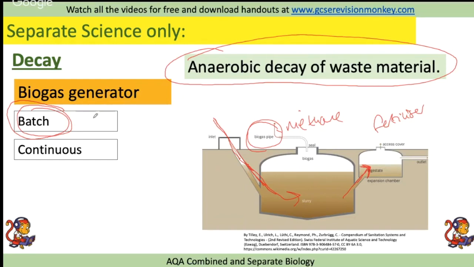They put one batch in, get the methane out, stop it again, and then start the whole process. Or in a larger scale, industrial scale, you could have continuous, where all the sewage is coming in from pipes, continually going into the biogas generator, costing a lot more to set up, but making a lot more biogas in the first place. So they might ask you about choosing, evaluating maybe a particular generator for a particular situation.